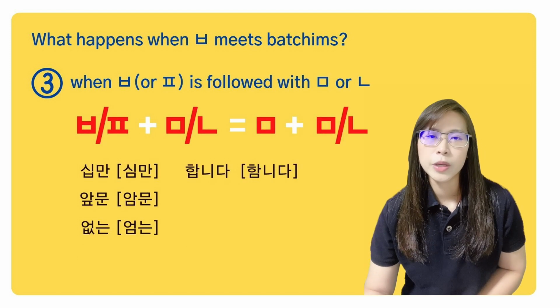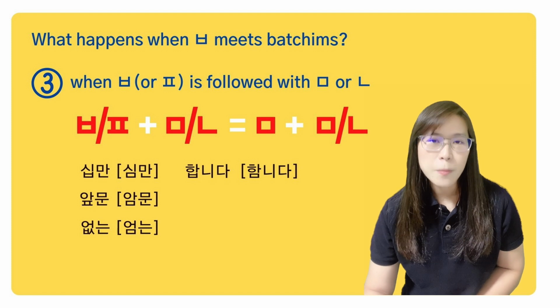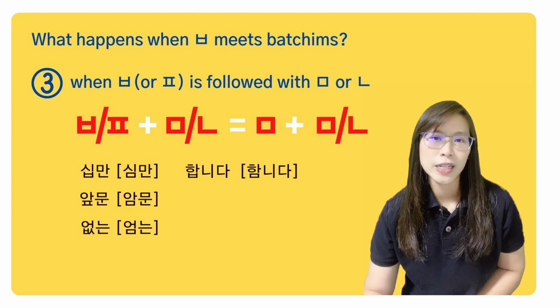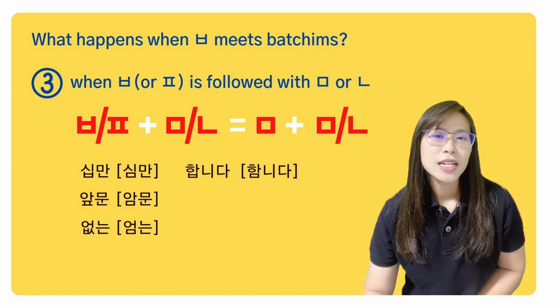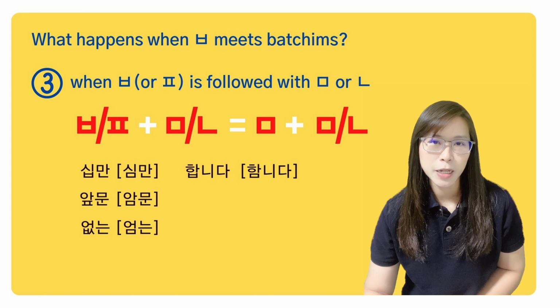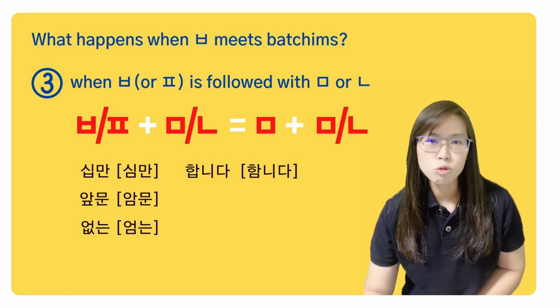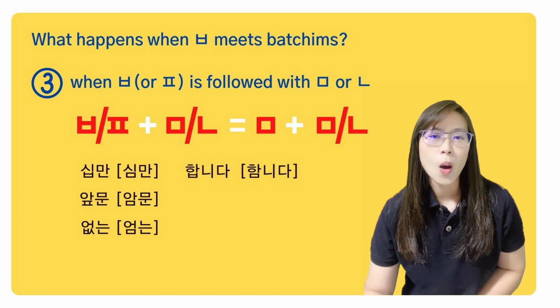Now if the B or P is followed with an M or an N, for example, 10만 is pronounced as 10만. Very good. Or 앞문 is pronounced as 앞문. 없는 is pronounced as 없는.